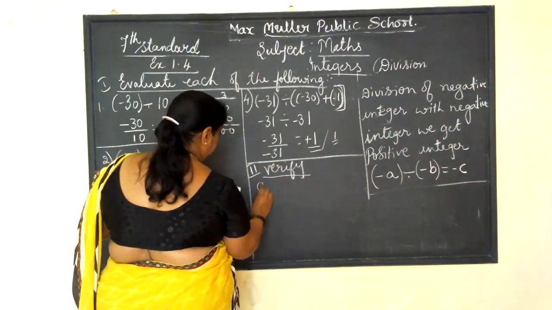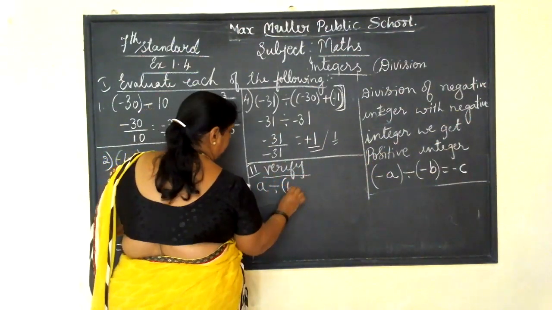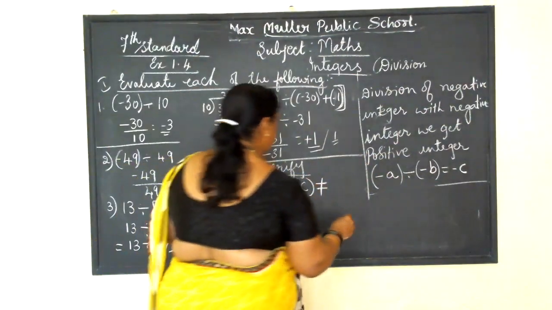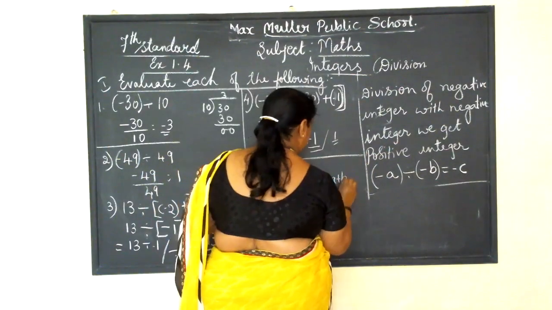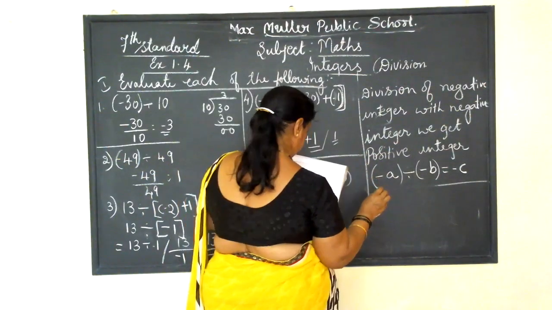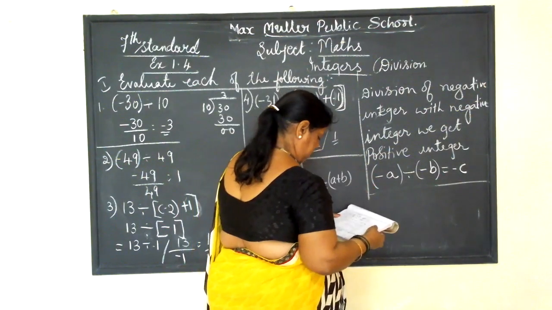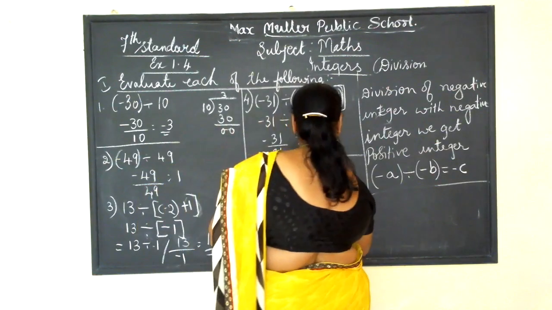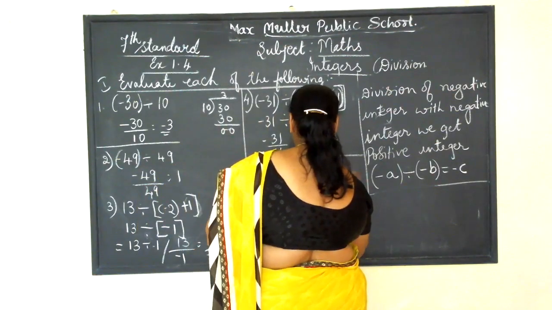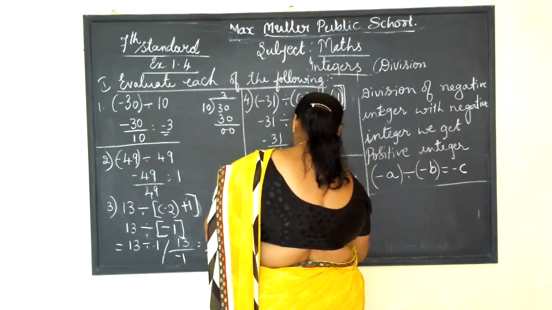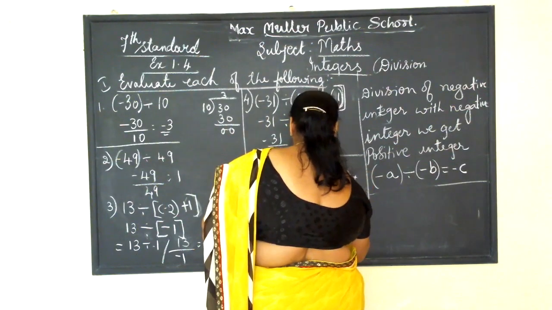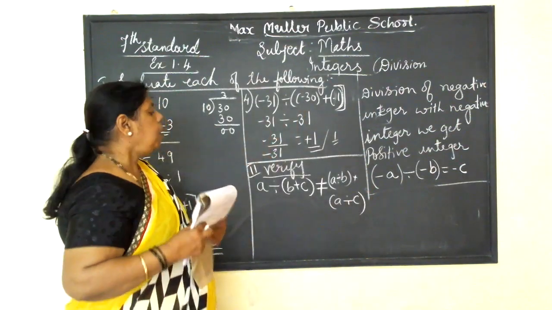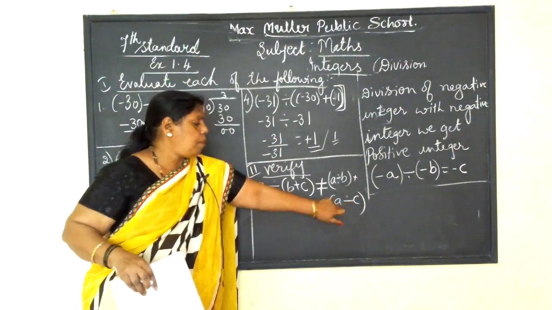That A divided by B plus C is not equal to A divided by B plus A divided by C. This is the distributive property, it is not applicable.